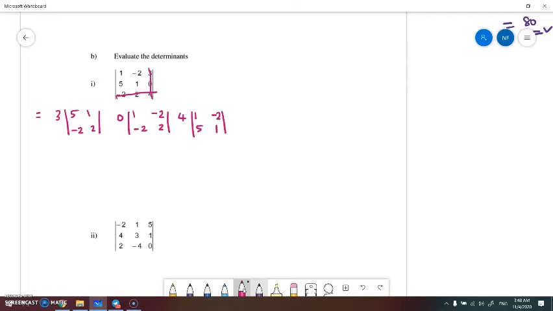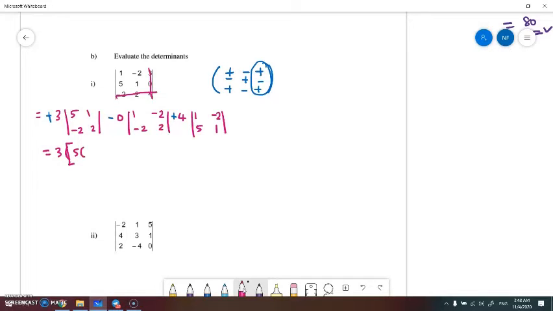For the cofactor expansion, you have to multiply with the cofactor. So you just use the positive negative sign, and because you use the third column, this will be positive, negative, and then positive. And straight away you find the minor. Remember the formula is AD minus BC.